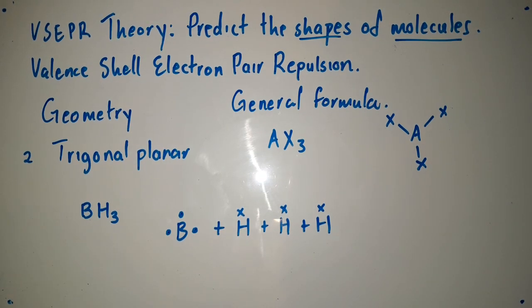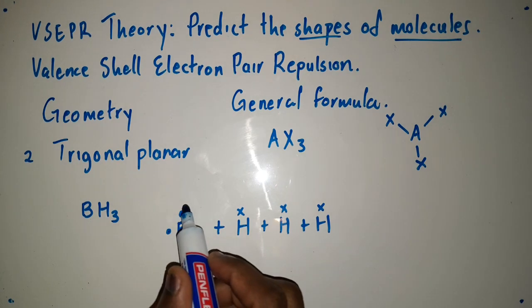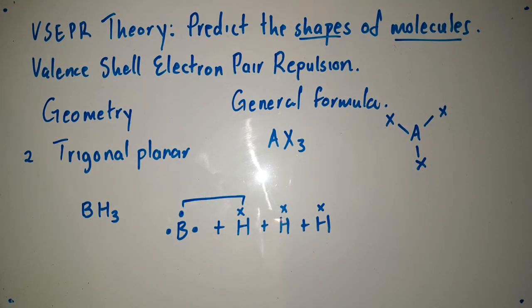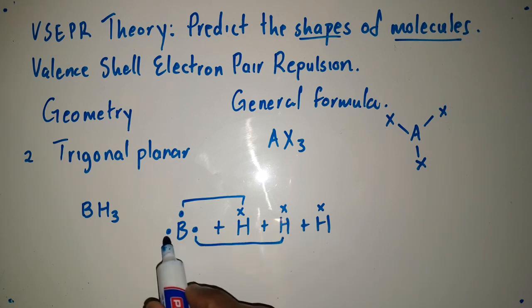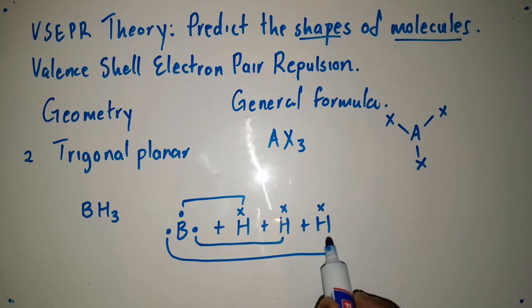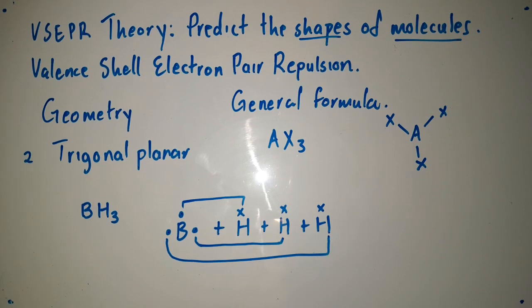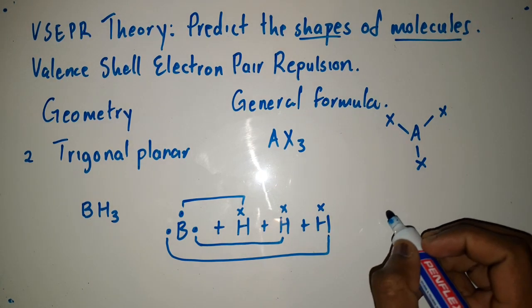Then this valence electron is going to pair with this, this one with this, and this one with this. At the end of the day, I'm going to have a structure like this.